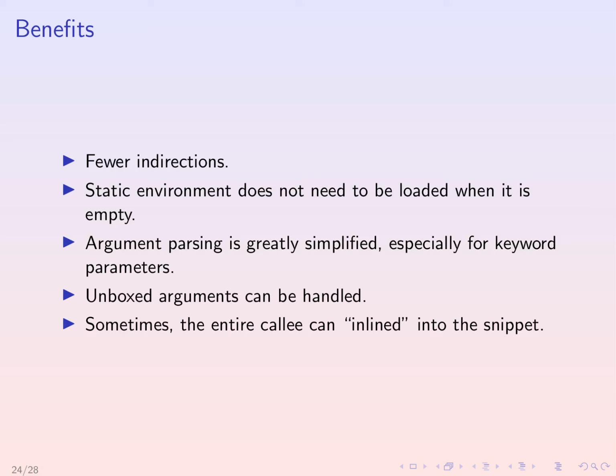So for instance, if the callee is the function car, then the entire code for the car function could be inlined into the snippet. So there's not even a call instruction required. Now, car is, of course, a bad example because it could always be inlined since it can never be redefined anyway.